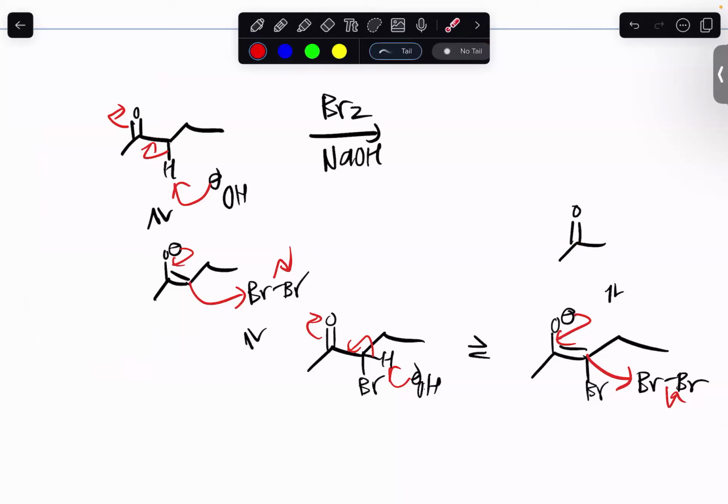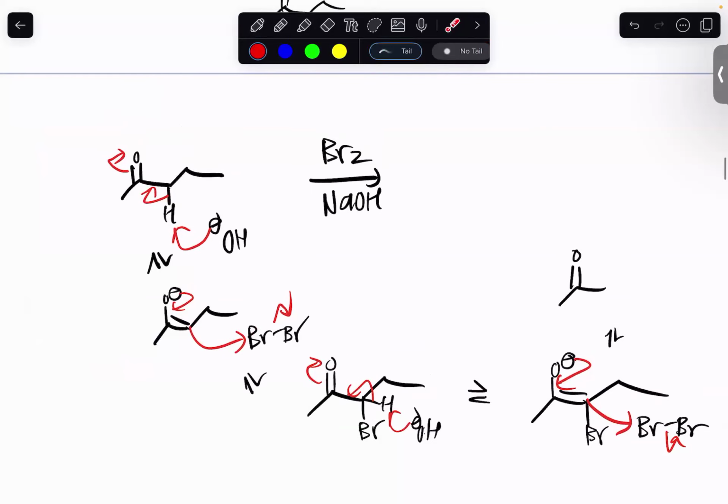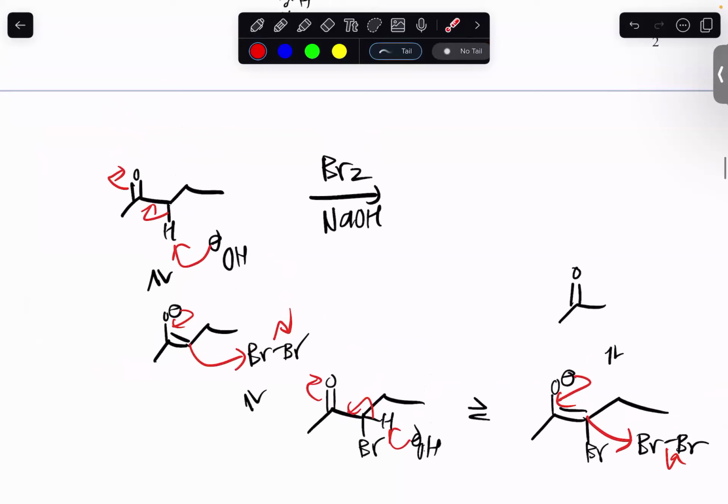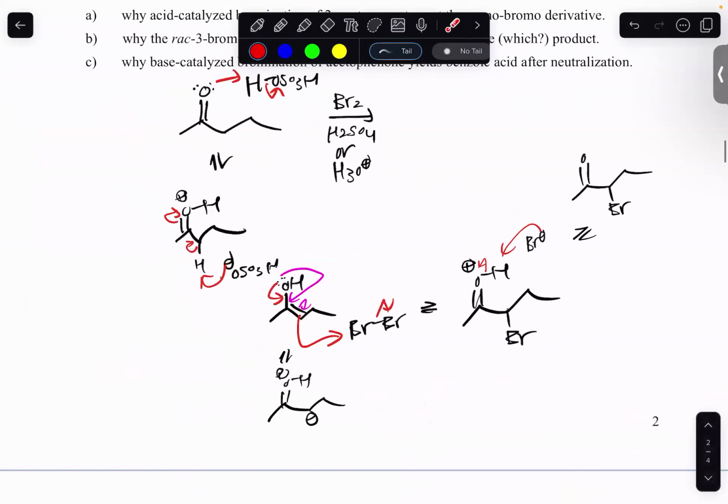If we had a strong base or something else, it could deprotonate it. If there was a positive charge here, OH2 plus, then that would be an acid instead. A base would just come in and deprotonate that to make it neutral, to go back to the neutral version.